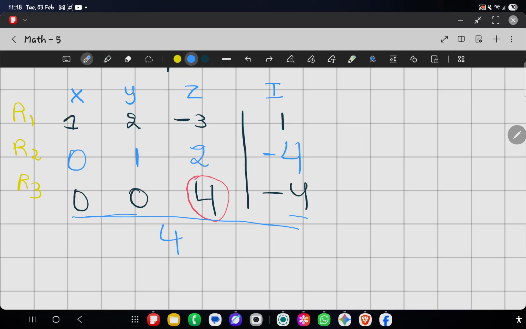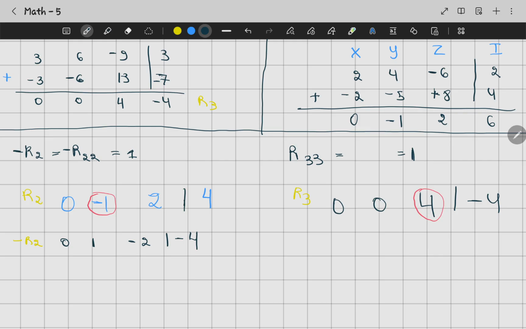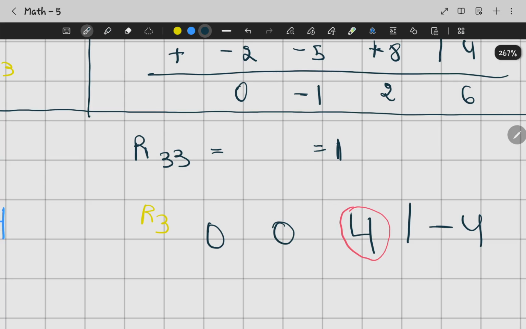So if we take R3, this is what we are trying to do to make this row into 1. What we can do is divide R3 by 4.